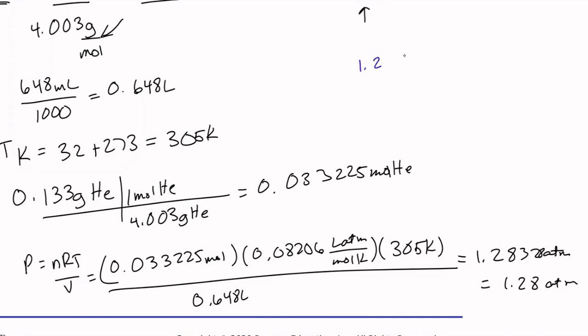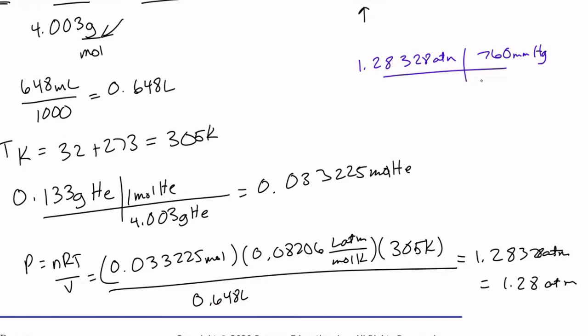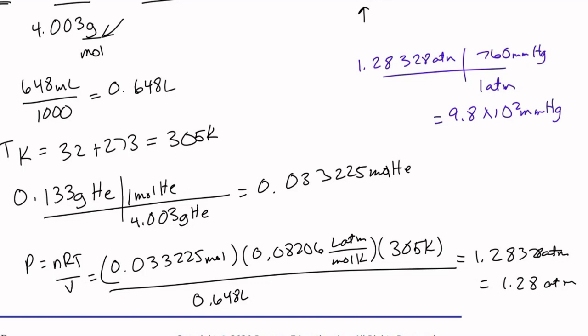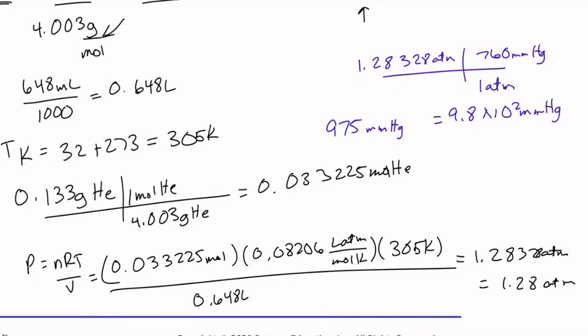So 1.28328 atmospheres and 760 millimeters of mercury is 1 atmosphere, and that's equal to 9.8 times 10 to the second millimeters of mercury if I'm considering significant figures, because my answer was 975 millimeters of mercury, but I needed 2 sig figs, and I needed it to be unambiguous. So I converted it to scientific notation to make that happen.